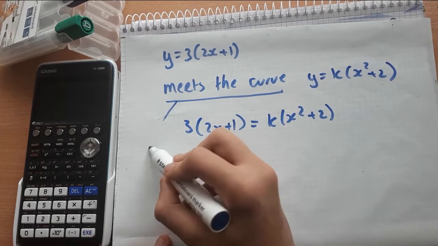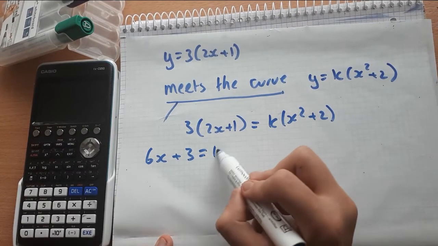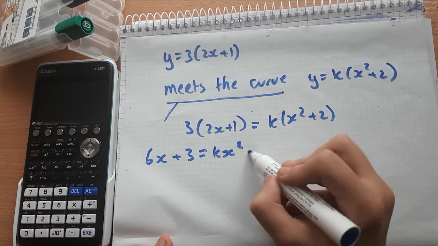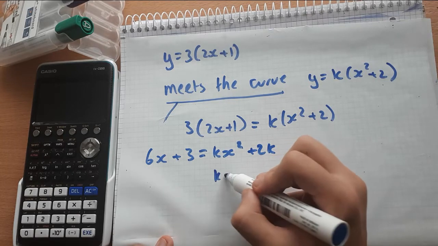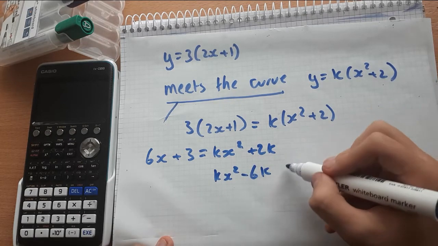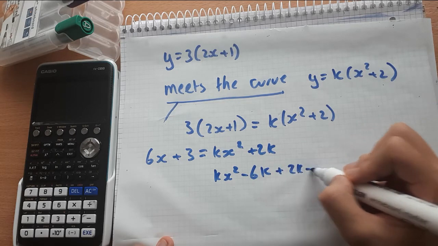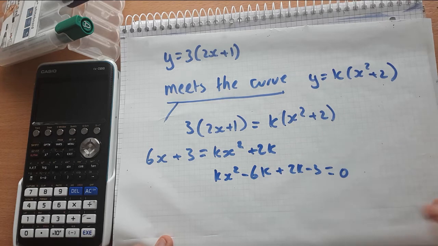So we have 6x plus 3 equals kx squared plus 2k. Bring it all over to one side. kx squared minus 6x plus 2k minus 3 is equal to 0.